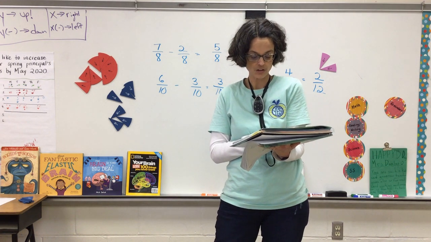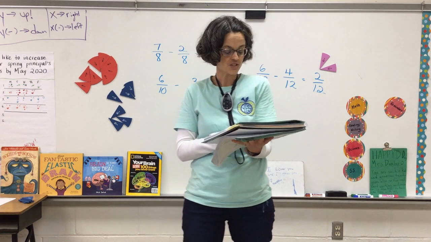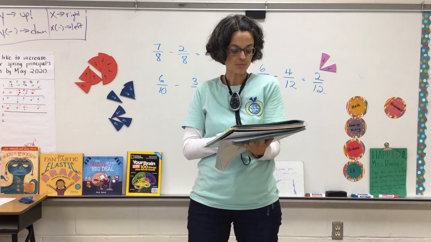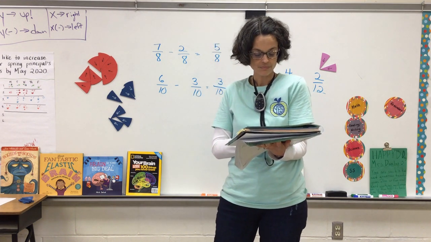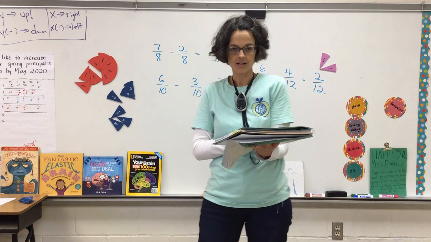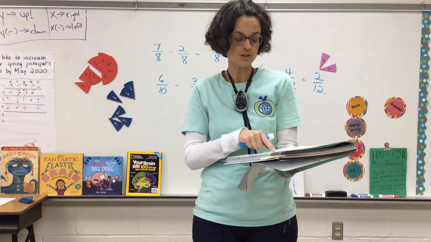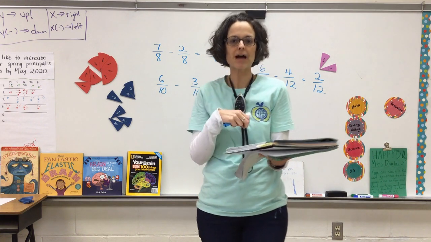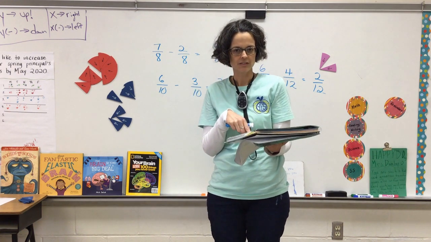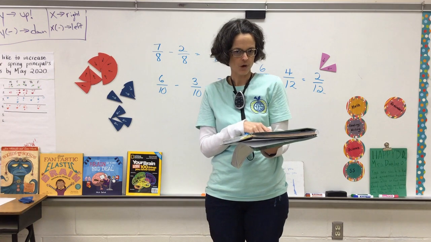Are you ready? I'm going to say them again. You're on page 487. These are the problems I want you to do. Numbers 4, 5, 6, and 7. When I tell you to, you're going to pause me. You're going to solve those 4 problems, and then you're going to come back so we can check them together. All right, ready? Go.